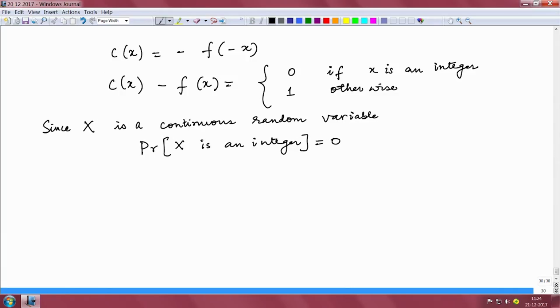So most of the weight or the measure of x is over the non-integer values.